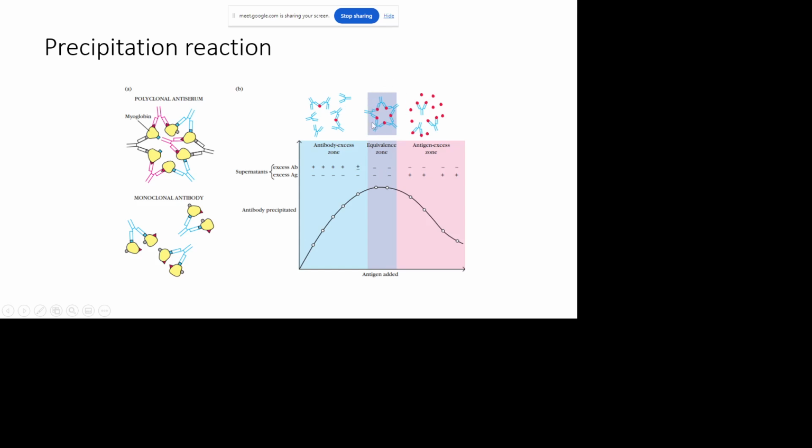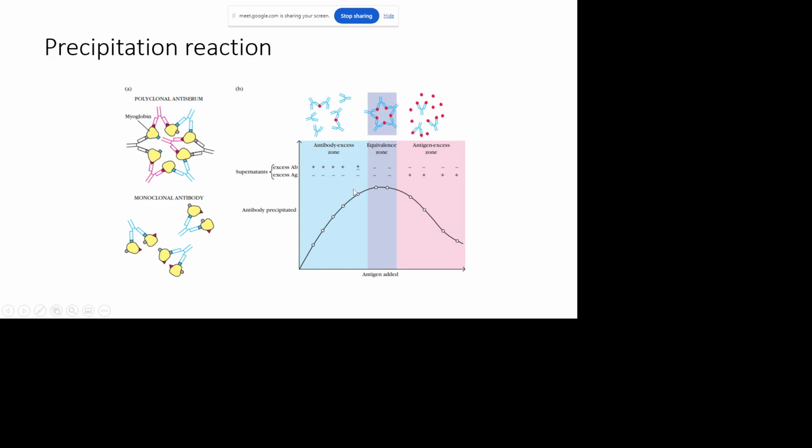As both of them are of equimolar concentration, the antibody and antigen will bind to each other and make this mesh-like cross link, which will create a precipitation which is insoluble.